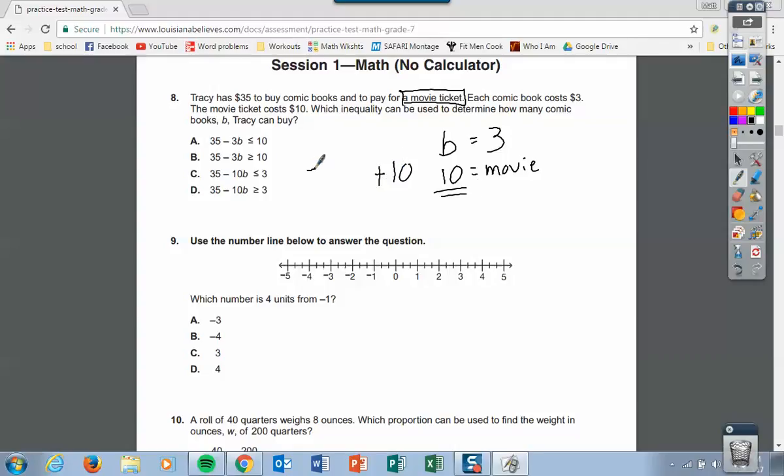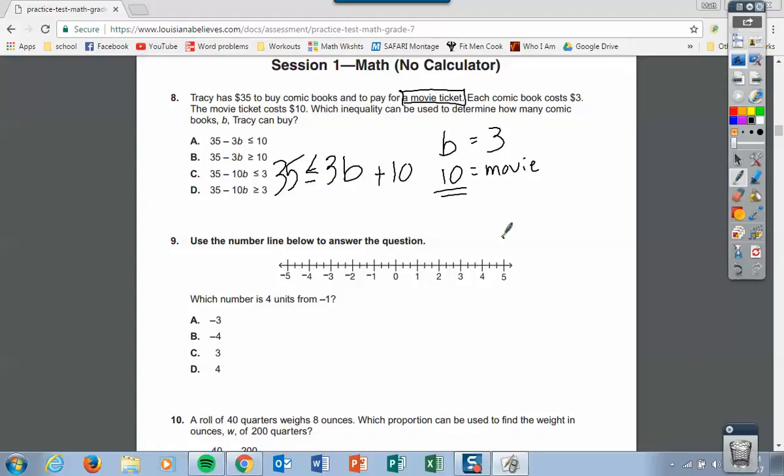I know that something is going to be working with 35. And it's got to be less than or equal to 35. I can't go over $35. And then I know that I've got 3B.